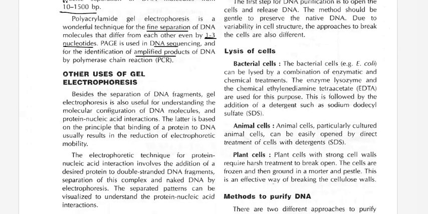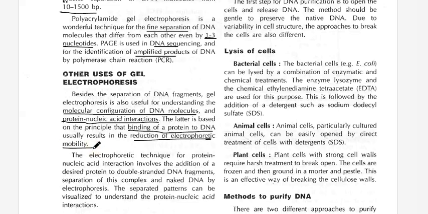There are other uses of gel electrophoresis as well. It is also useful for understanding the molecular configuration of DNA molecules and protein nucleic acid interactions. These are based on the principle that binding of a protein to DNA usually results in the reduction of electrophoretic mobility.